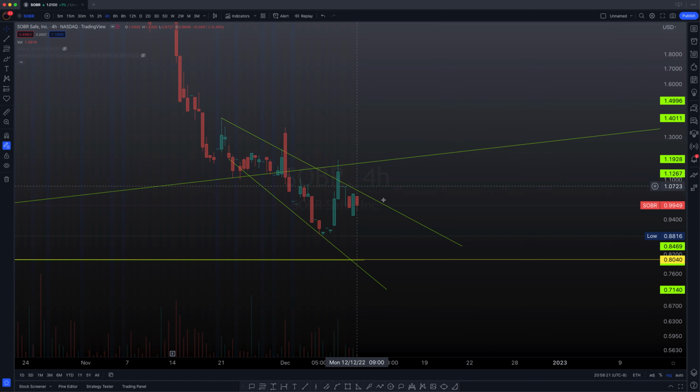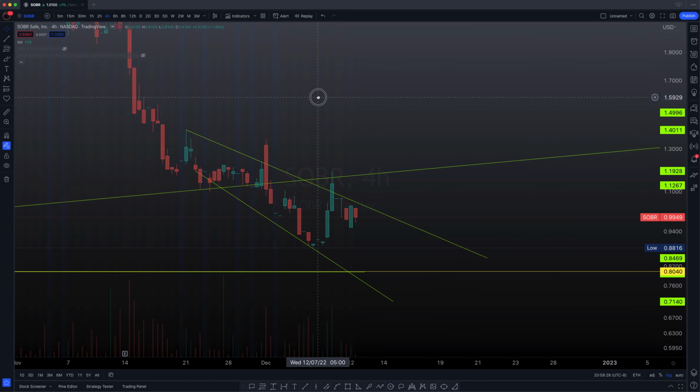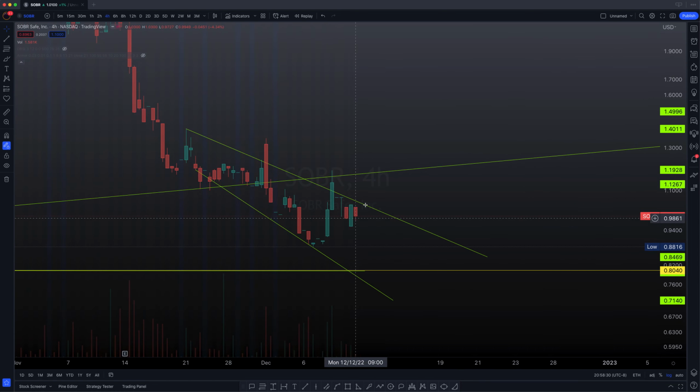Okay, so yeah, we are in now test number 2 of that resistance. Okay, so in this case, we would be looking at potentially a short-term upside to test the $1.04 or just slightly under before continuing on to the downside.